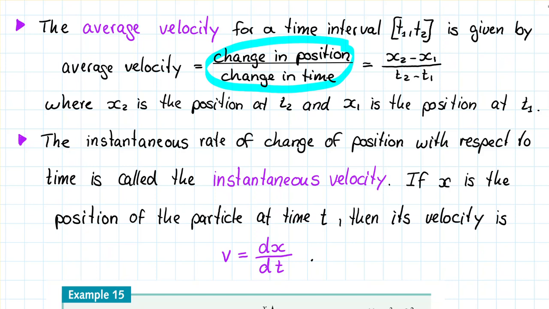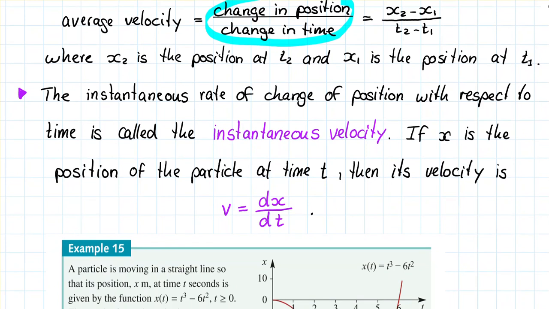Similarly to chapter 18c, where we had a look at the instantaneous rate of change, we can determine the instantaneous change of position with respect to time.